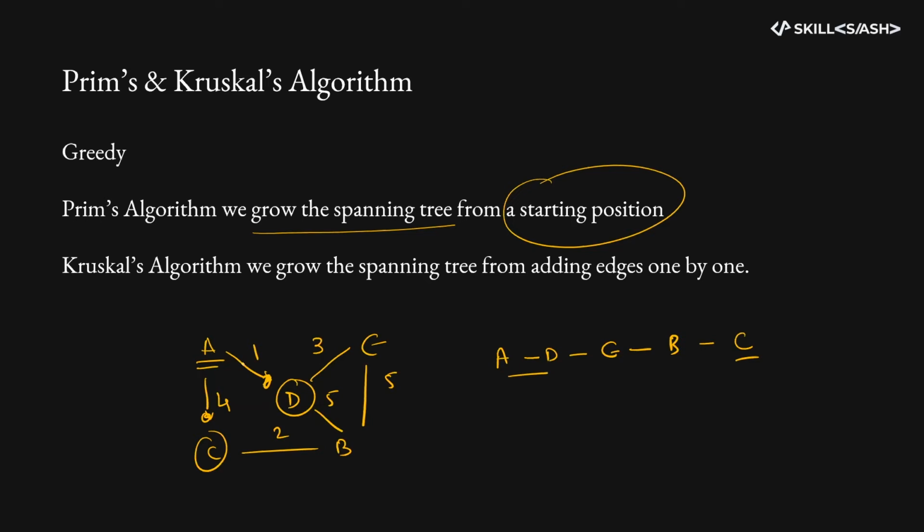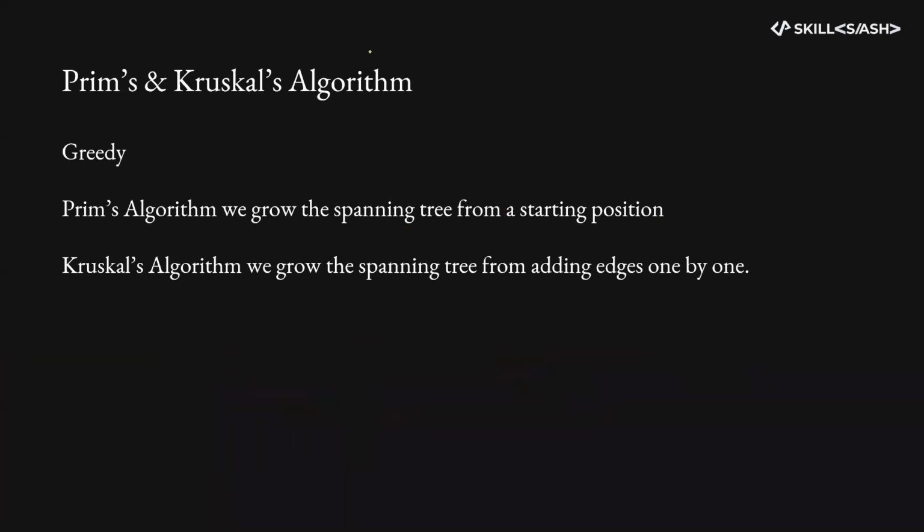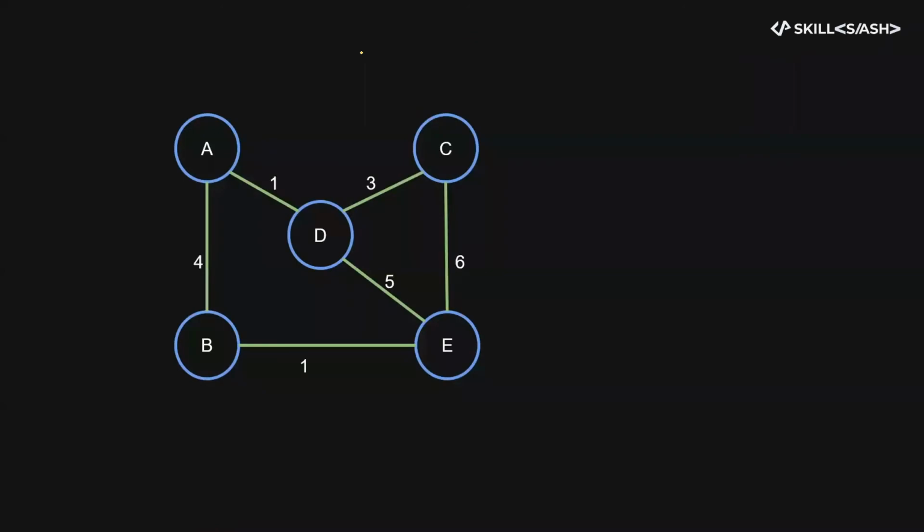Now Kruskal's will be a different way. We'll see both. I'm just giving a heads up. Let's see first in which way Prim's and Kruskal's will work. Okay, let's say this is the graph. What it means by Prim's is that you start from the first node.